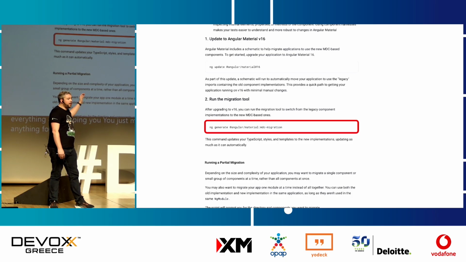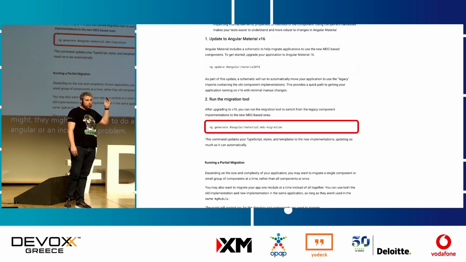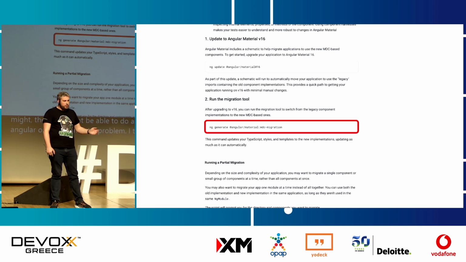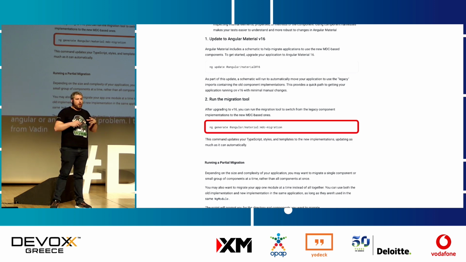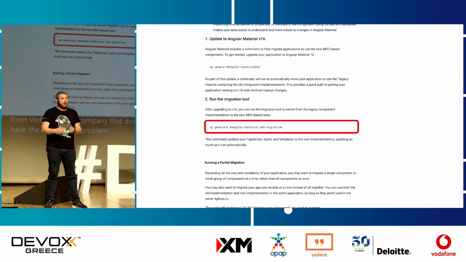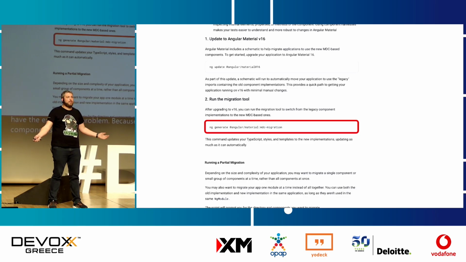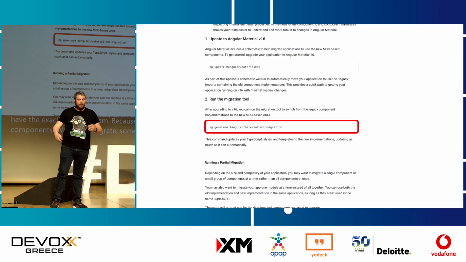And that's not an Angular or Angular Material problem. I talked almost a year ago with someone from Vaadin, a company that does front-end stuff, but with Java, and they have the exact same problem. Because if you customize your component deeply, when you migrate, something might break. So be careful about that.